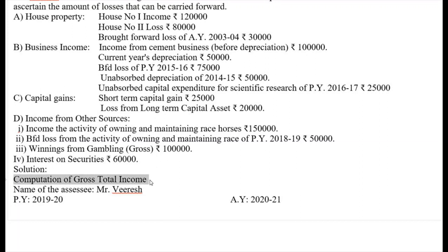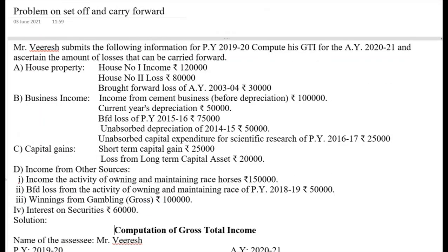So now let us discuss the problem here first. House property: we have got income from house 1 rupees 1,20,000 and loss from house 2, 80,000, which can be adjusted. Brought forward loss of assessment year 2003-4 is 30,000.